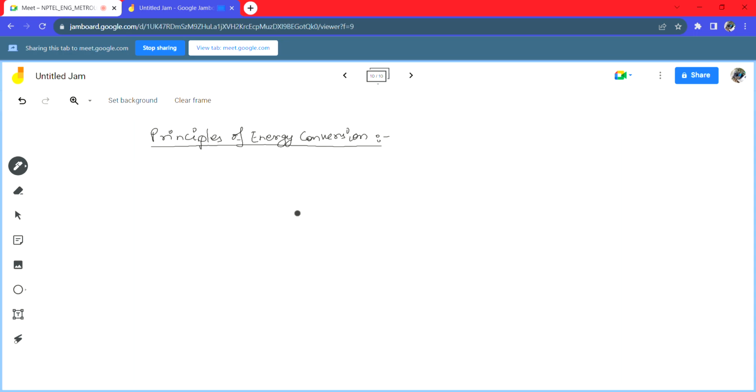The first principle of energy conversion that we will see here is the capacitive rule. Now we all know about a parallel plate capacitor.